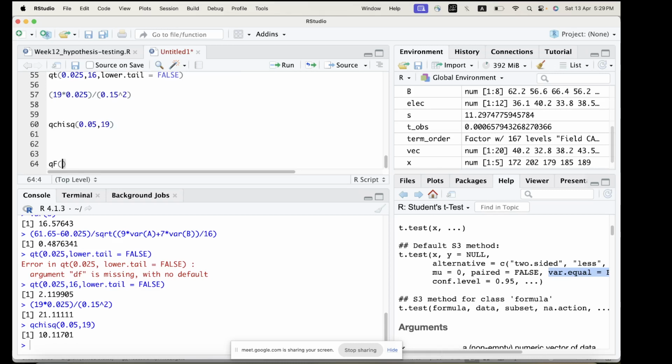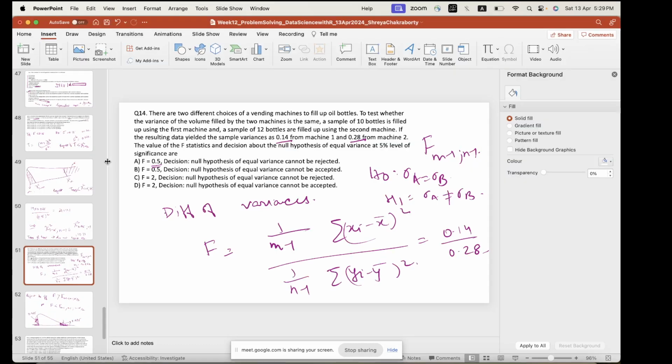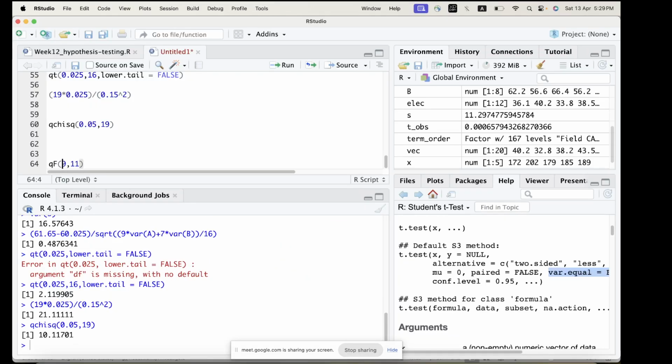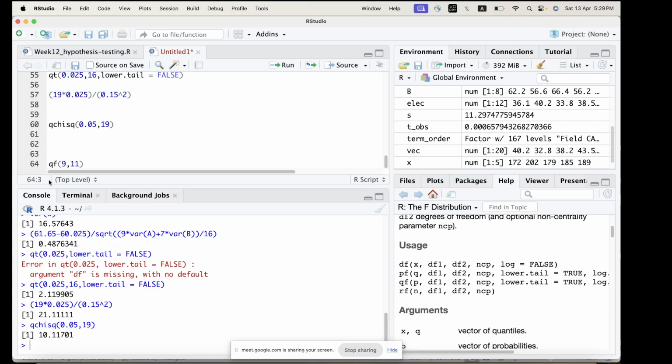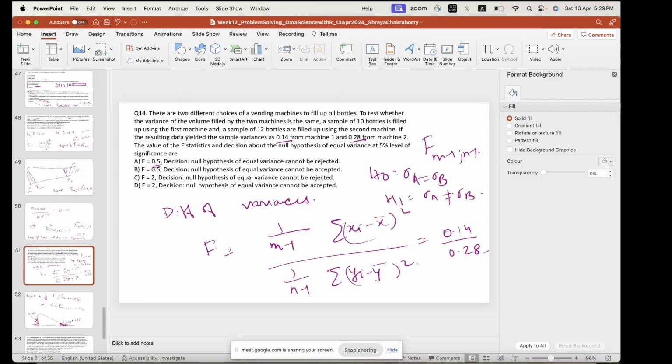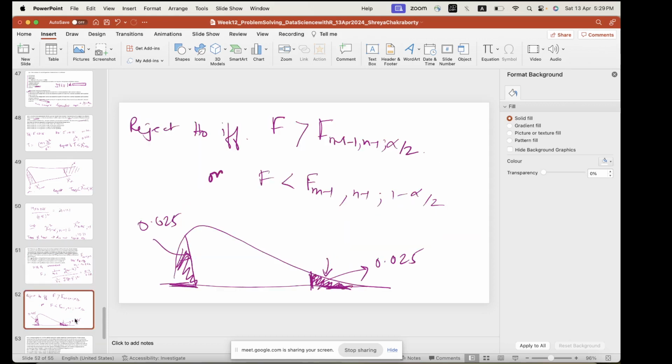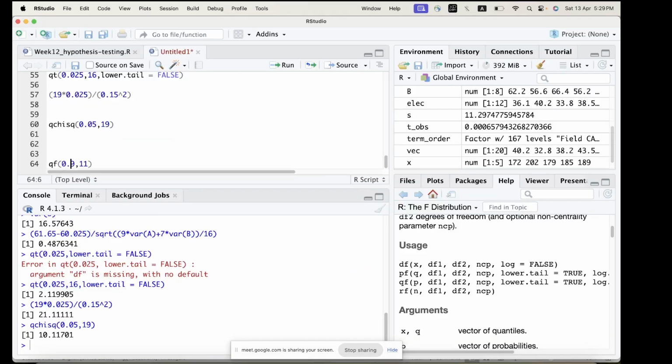M minus 1 is how much? 10, so 9, and 12, 11. DF1, DF2 we found out. F distribution, small f. And then the area below should be 0.025.